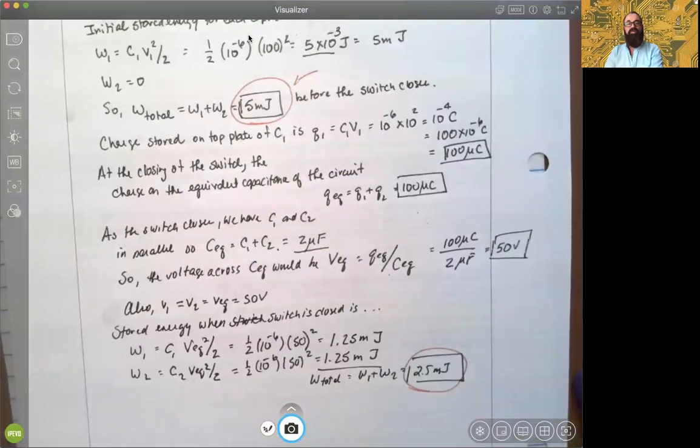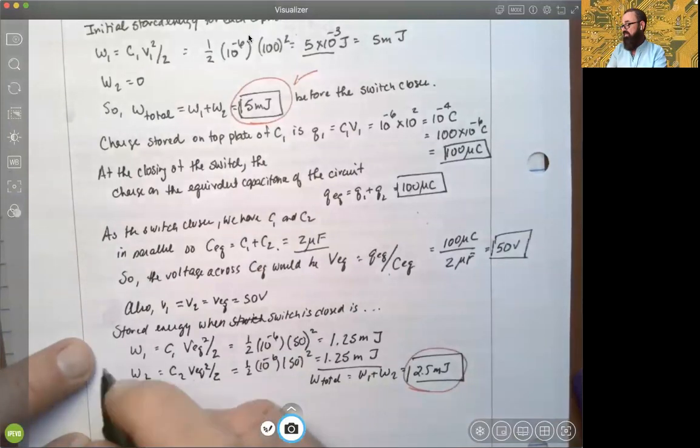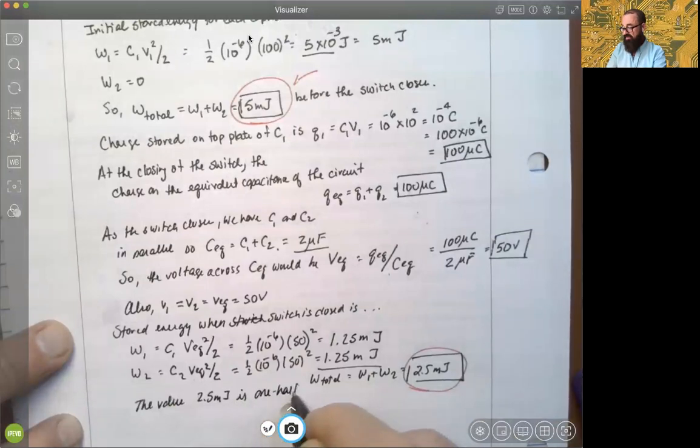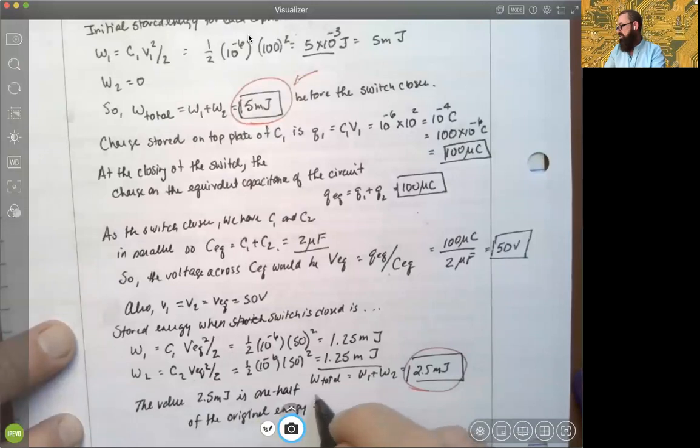So the observation is the value 2.5 millijoules is 1/2 of the original energy, or 5 millijoules, like that.